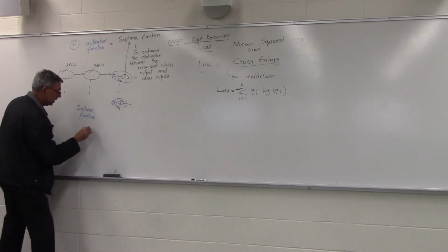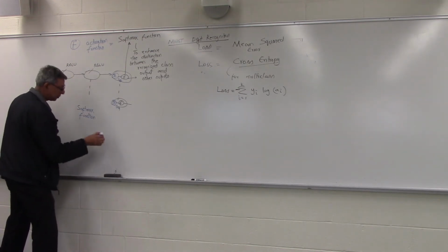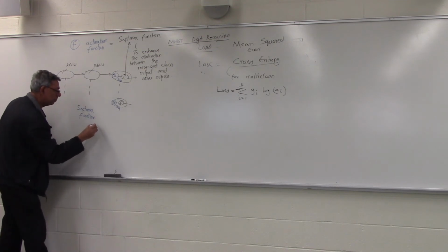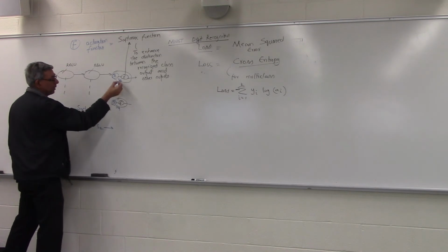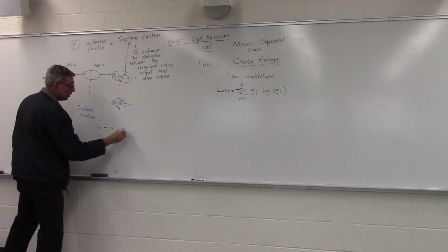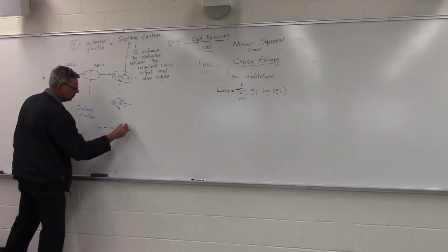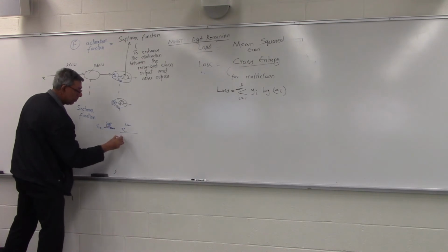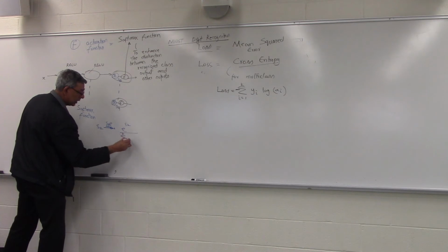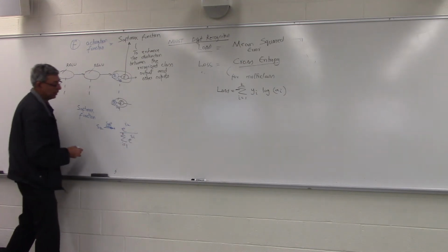Suppose I feed in S of 2 as an example. Okay, so one of the sums, S2, is fed in. So the softmax function will do e raised power S2 over the summation i equal to 1 to k of e raised power S of i.